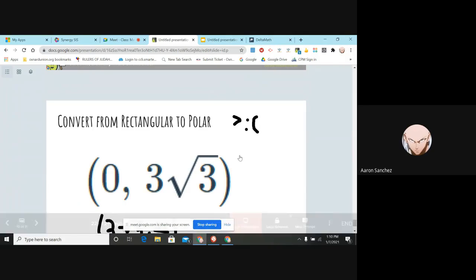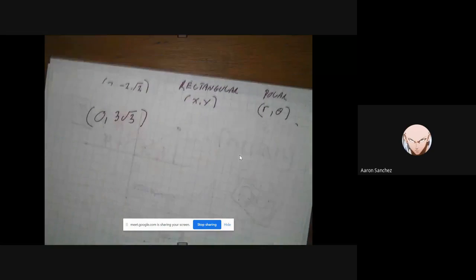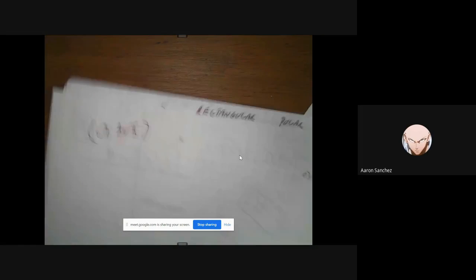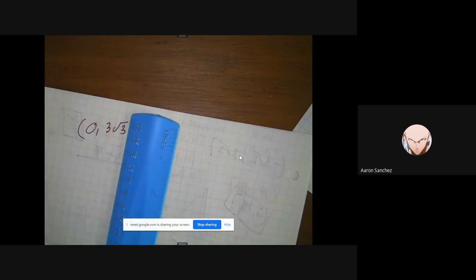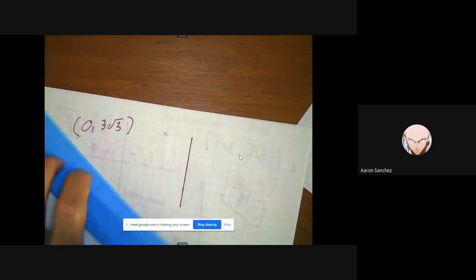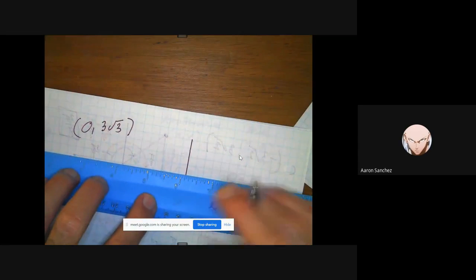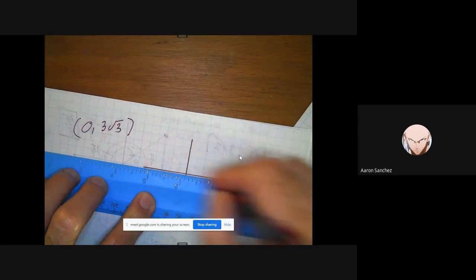Okay. So here we go. 3 root 3, 0. Again, I would recommend drawing a picture. Let's see where this would be. Draw my coordinate plane.